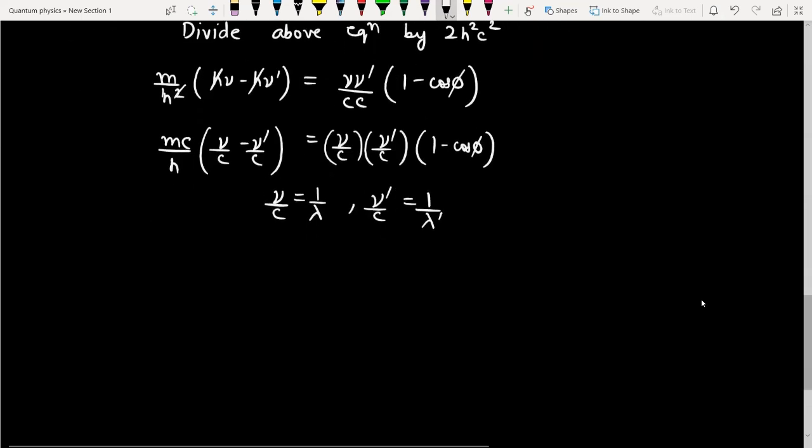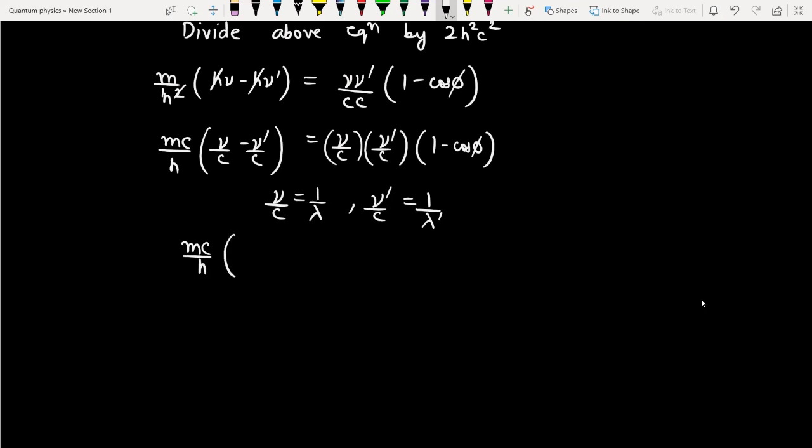So this expression becomes mc over h, and this mu by c I am writing as 1 by lambda, this is 1 over lambda prime, and this is 1 minus cos of phi.